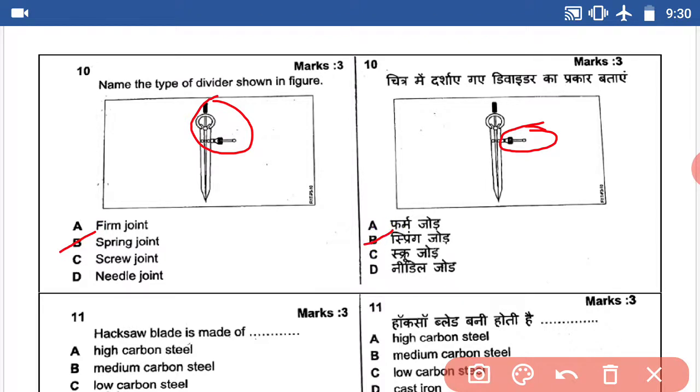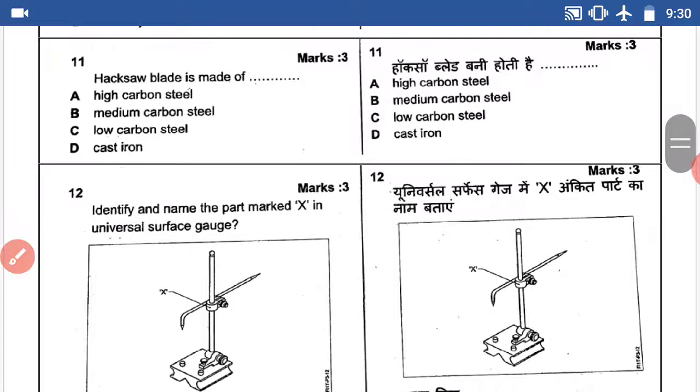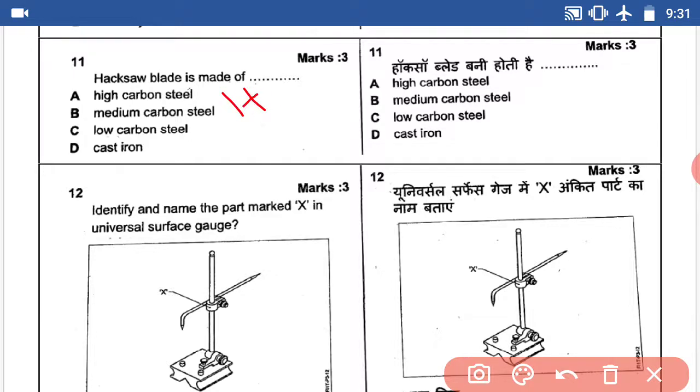Question number 11. Hacksaw blade is made of dash. One answer high speed steel, and other answer low alloy steel.